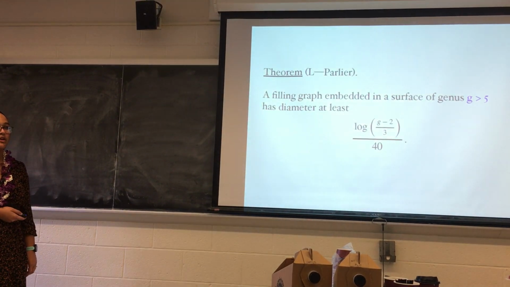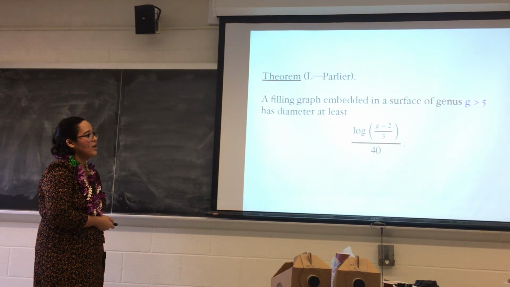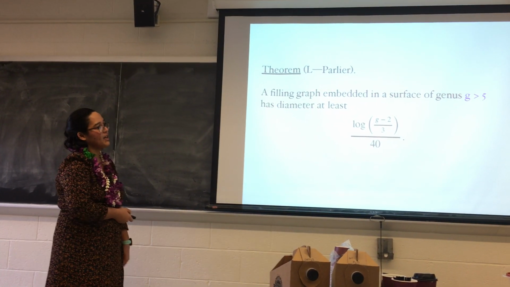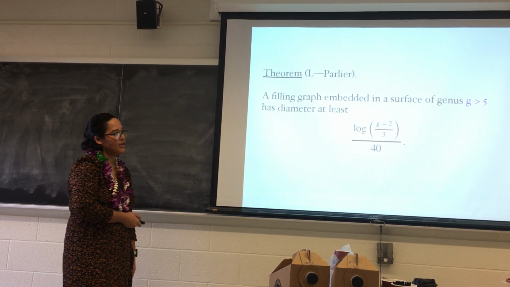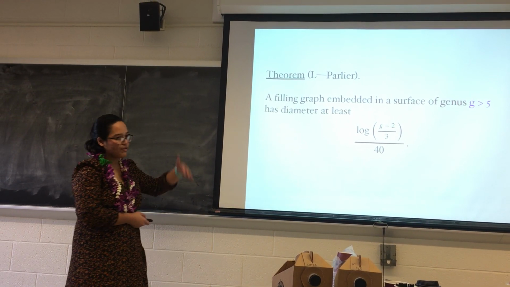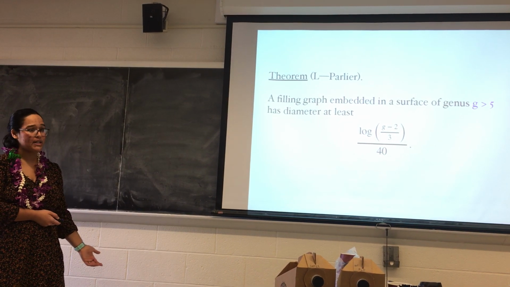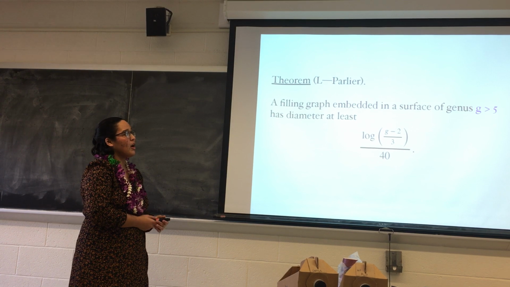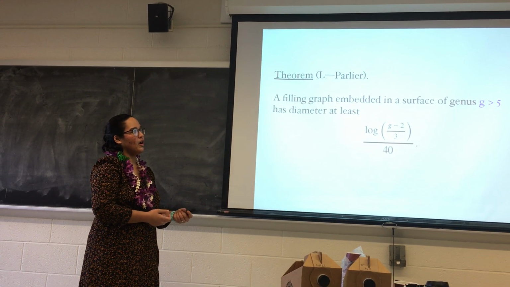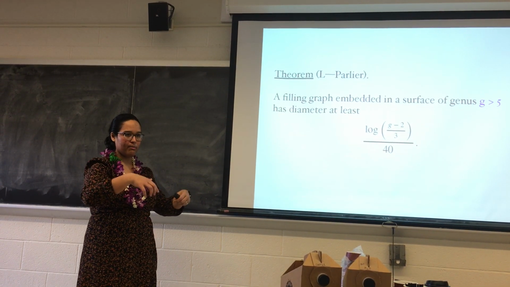Which brings us to this theorem that I proved together with Hugo Parlier, which says that a filling graph embedded in a surface of genus g has diameter at least log of (g minus 2) over 3, over 40. So how does this help us? So remember, our pure braids are all fixing our marked points.